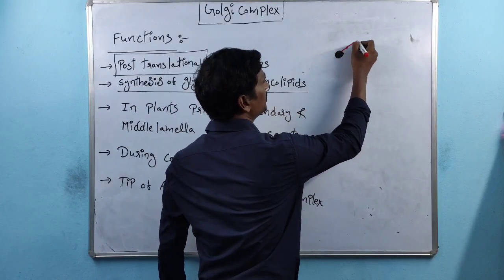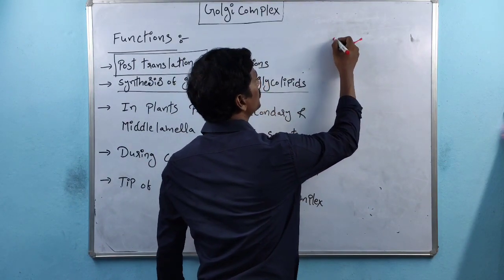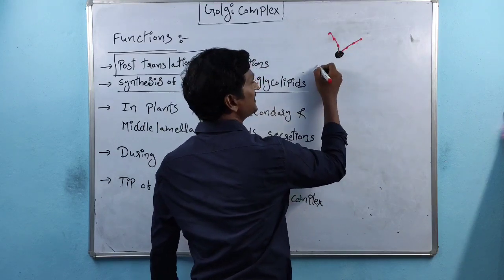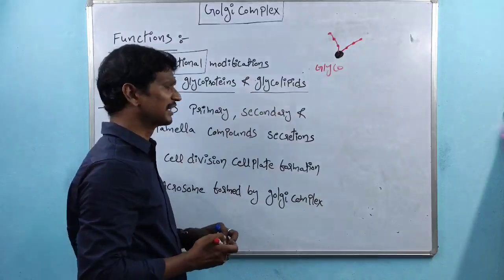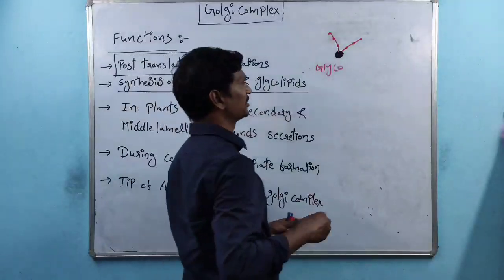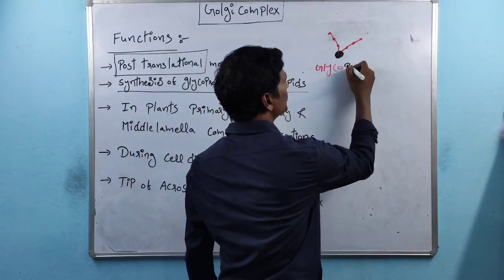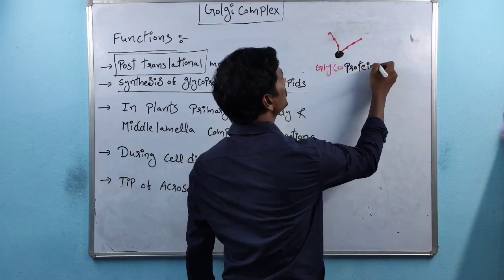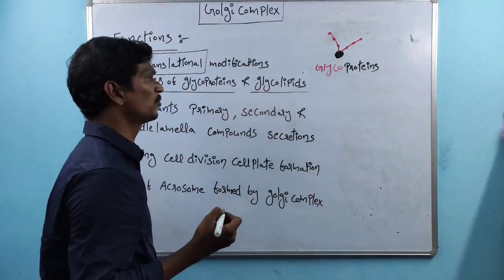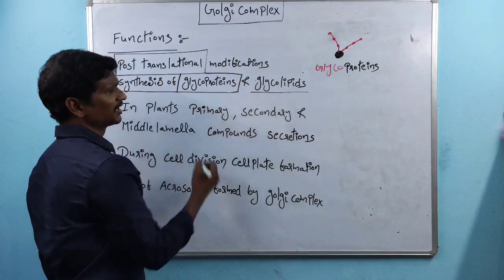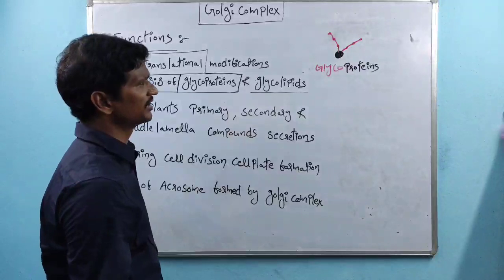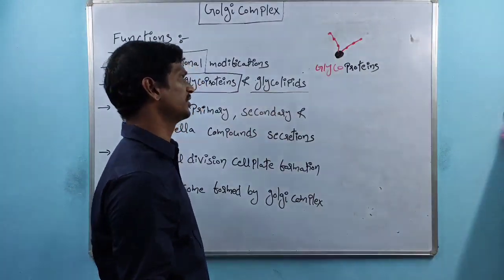Here carbohydrate moieties are indicated by glyco, and the protein part is there. So whatever proteins have carbohydrate moieties are called glycoproteins. Glycoproteins are nothing but proteins having carbohydrate moieties.